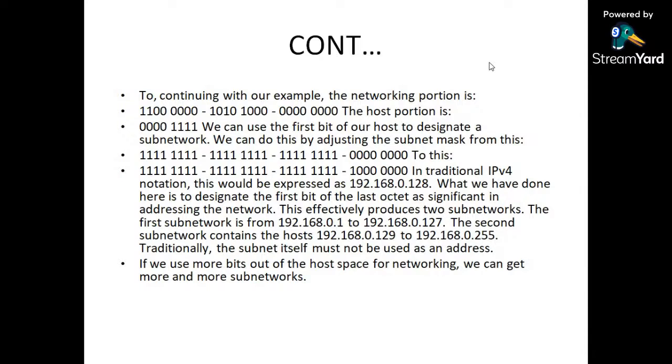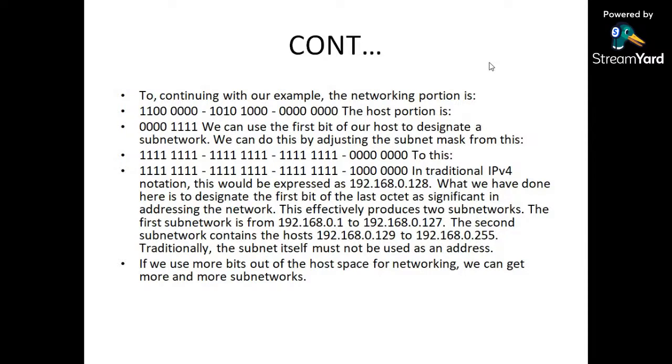That example is described in the PPT. We can use the first 4 bits of our host to designate a subnetwork by adjusting the subnet mask. Using one bit traditionally produces two subnetworks. The first subnetwork range is 192.168.0.0 to 192.168.0.127.